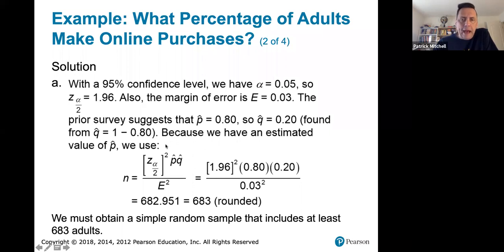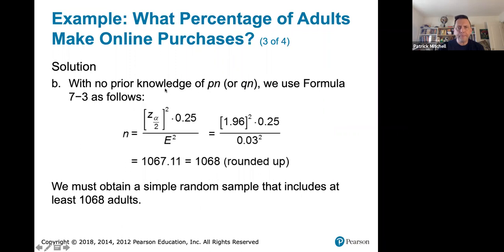And since we have an estimated value of P hat, we're going to use this formula. 1.96 goes in for Z, 0.8 goes in for P hat, 0.2 goes in for Q hat, and then 0.03 goes in for E. That comes out to 682.951, and we're going to round that up to 683. So in order to estimate the proportion of adults who do online shopping, we need a sample of at least 683 adults.